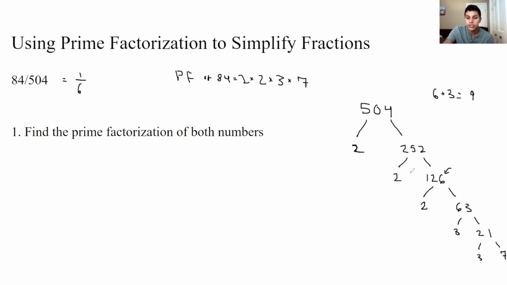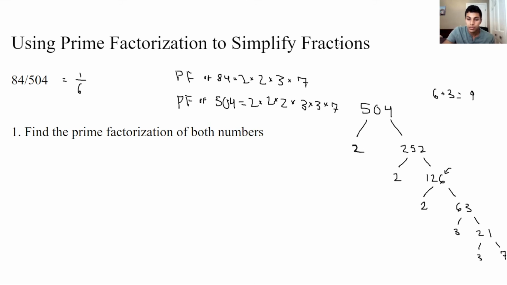So we get 2, 2, 2, 3, 3, 7 at the bottom of the tree. So therefore, the prime factorization of 504 is going to be equal to 2 times 2 times 2 times 3 times 3 times 7.